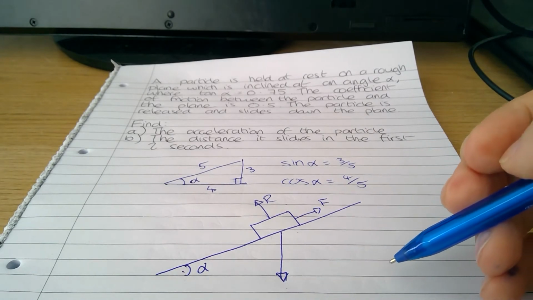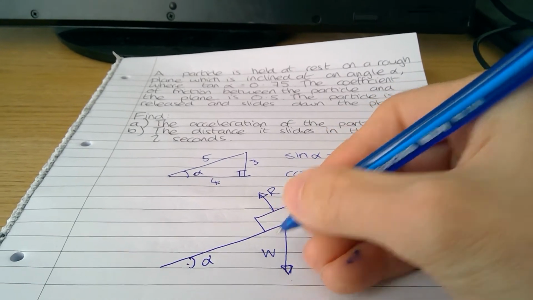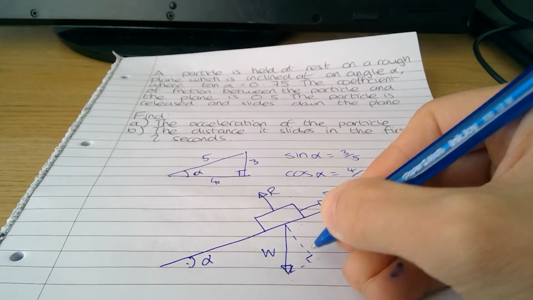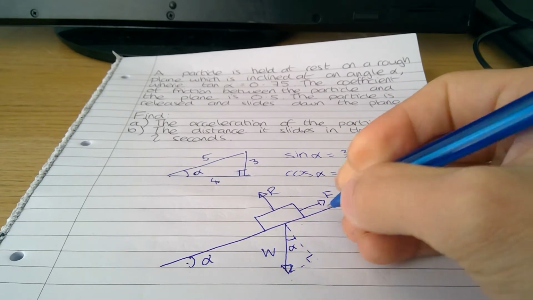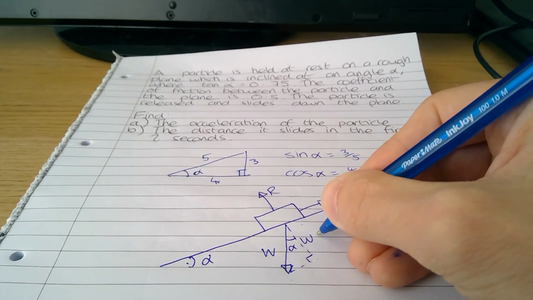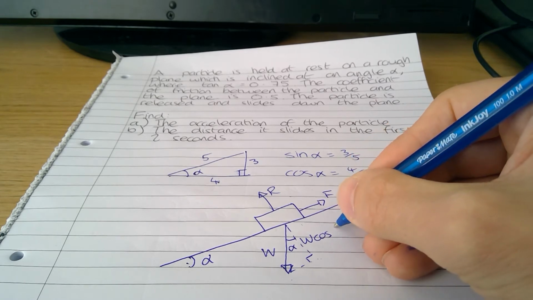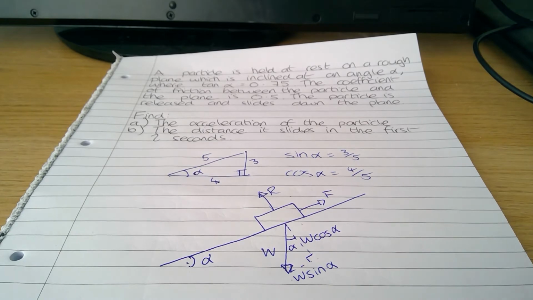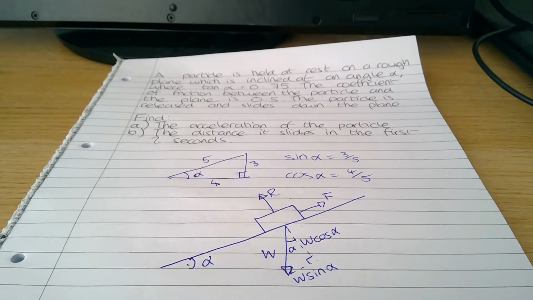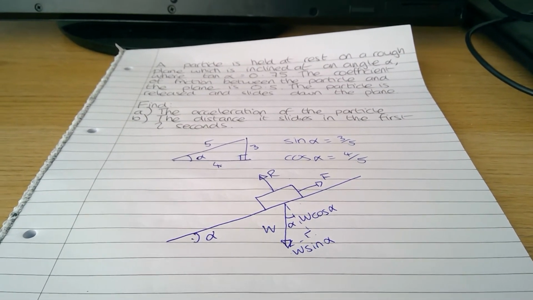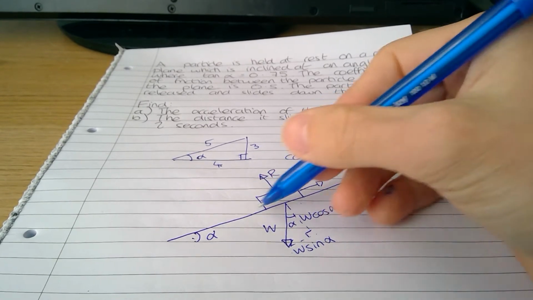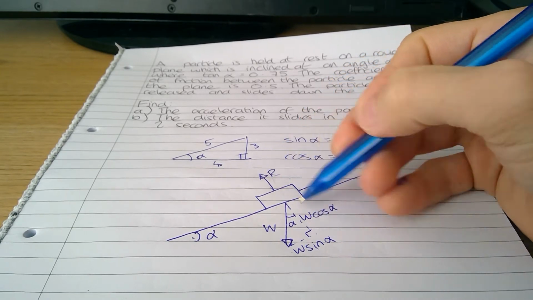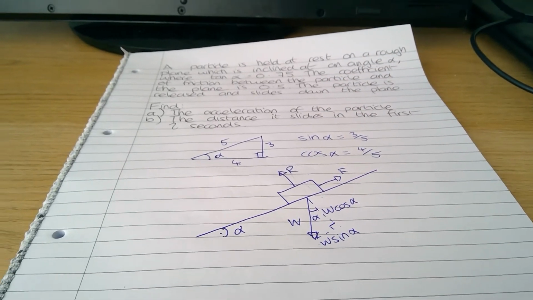We don't actually have the weight of the particle, so I'm just going to call that W, and then I'm going to split that into components. This angle will be alpha, and then this will be W cos alpha, and this will be W sine alpha. From there we can resolve the forces parallel to the slope, which involves F and W sine alpha, and perpendicular to the slope, which will be this way.